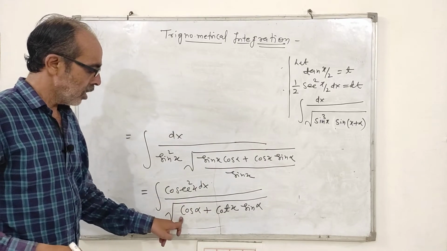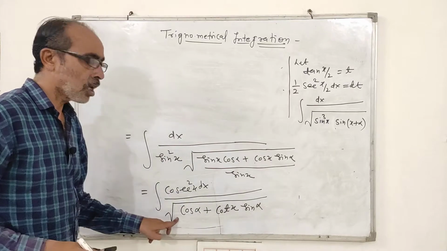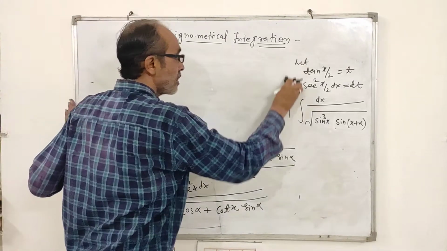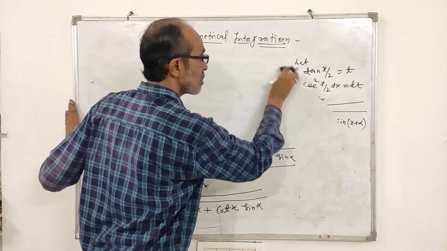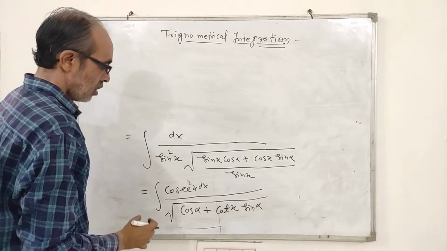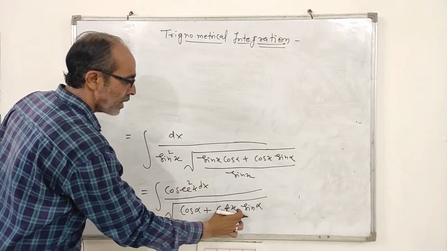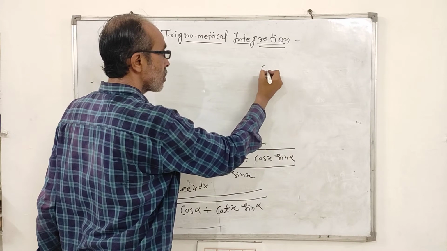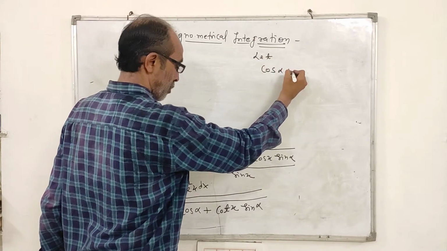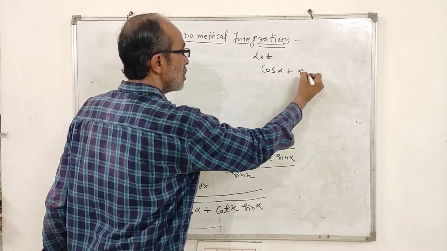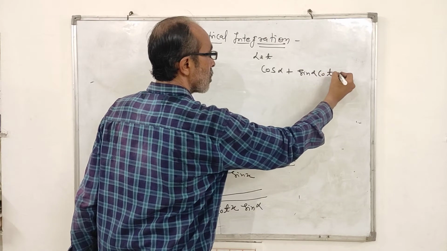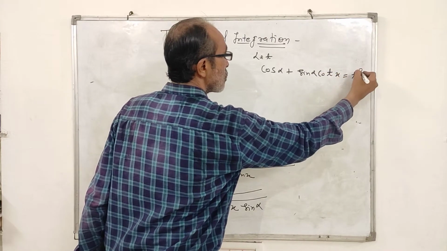So we can assume that this complete term is t square. So the integral is: let cos alpha plus cot x sin alpha, that is, sin alpha multiplied by cot x, be equal to t square.